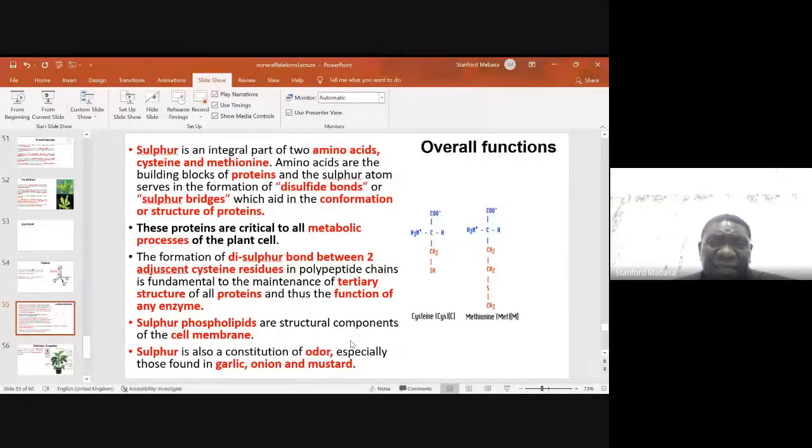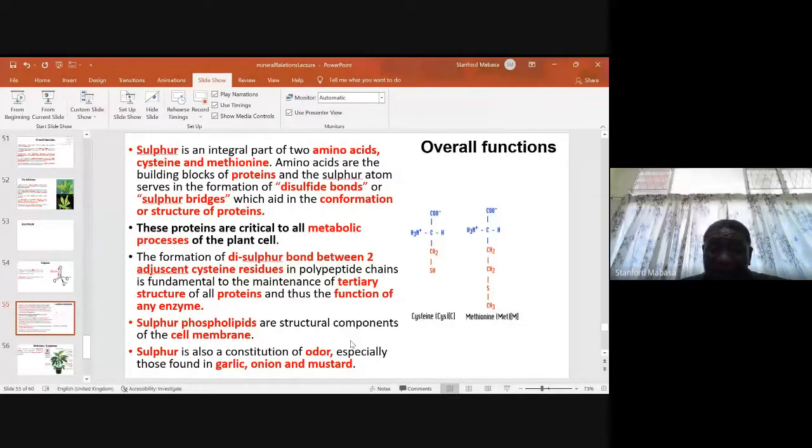So what are the functions of sulfur? There are some special amino acids where sulfur is a constituent, for example, cysteine and methionine. These are amino acids which contain sulfur. Sulfur is also part of the bond, or we have what are known as sulfur bridges, but what is important is that cysteine and methionine contain sulfur.